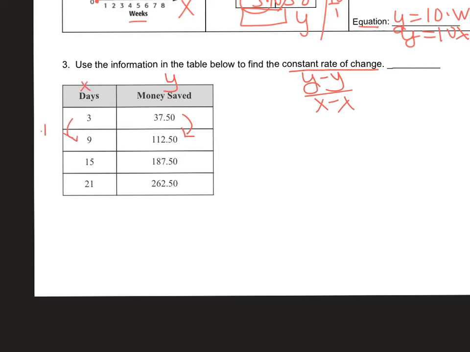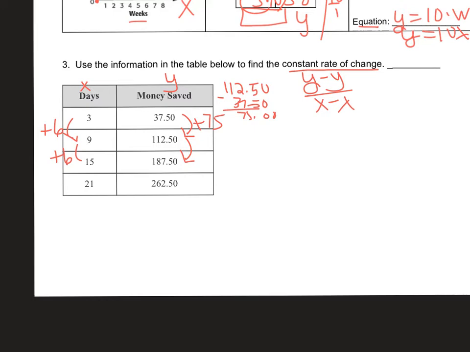On my days, I know it's increasing by 6 every single time. And in my y, if I am not sure, can I always take 112.50 and subtract 37.50 to see what that rate of change is? Of course I can, and I get that rate of 75.